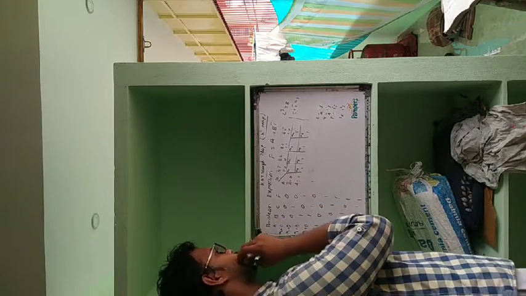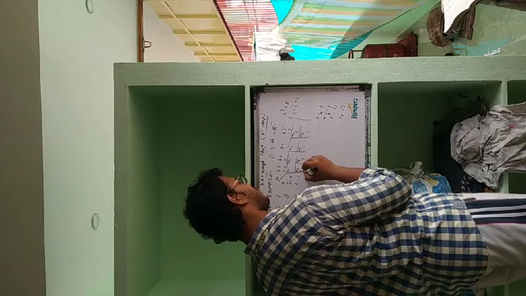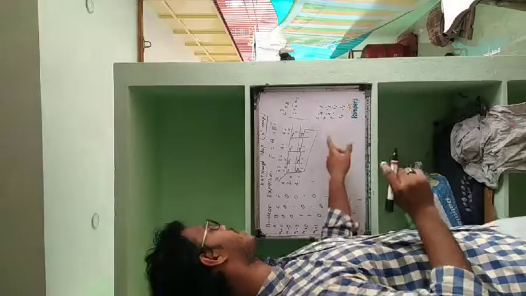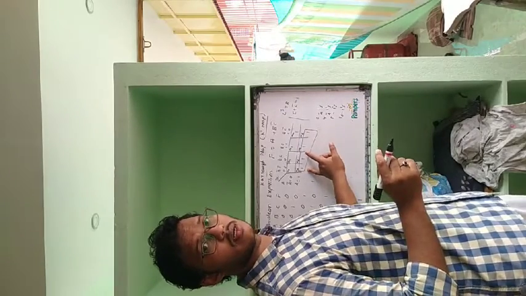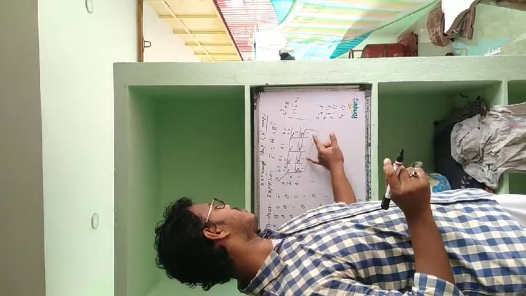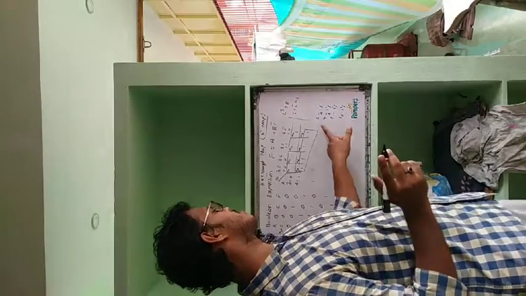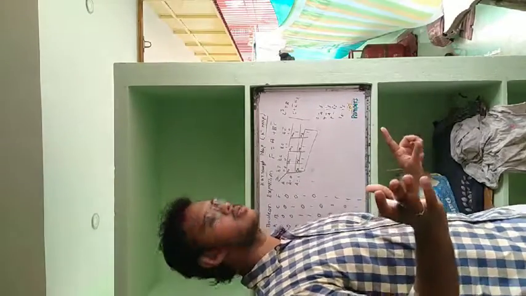So one more thing is how to pair: we have to pair the highest possibility. We can pair two ones also, but we have to pair the highest ones.